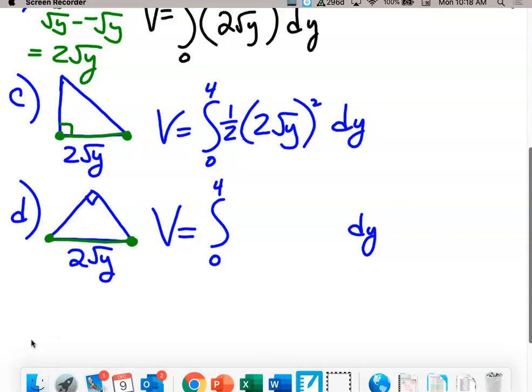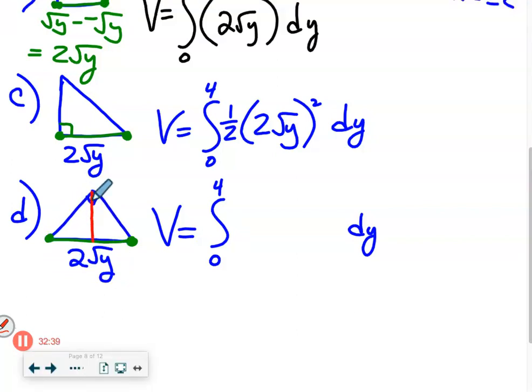I personally tend to go with the other method, which is to drop an altitude. Because when you drop an altitude, you get these little mini 45, 45, 90 triangles. Now this is a leg and this is a leg, which means the height of this triangle is just half the length of the base.